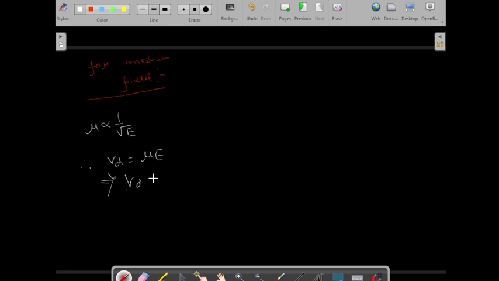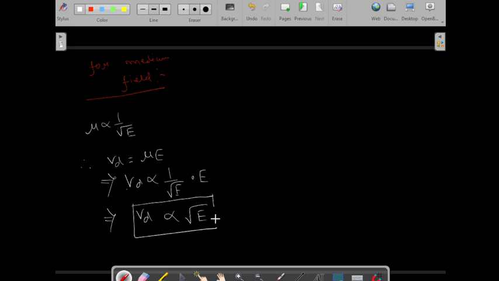So v is proportional to 1 by root E into E. If I cancel E with root E, we get v proportional to root E. So for medium field, v is proportional to root E.